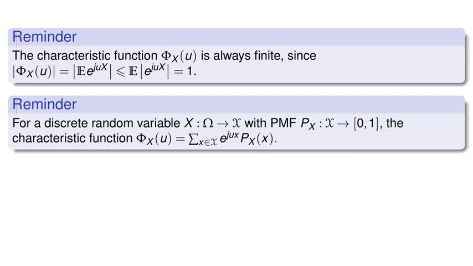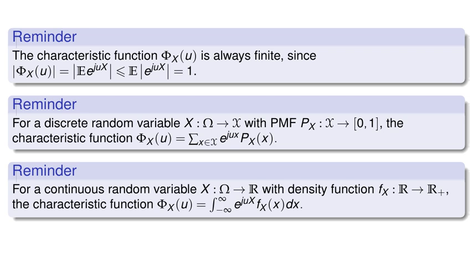Just to recap how this applies in different scenarios. For a discrete random variable x taking values in a set script X with a probability mass function p sub x, the characteristic function phi sub x of u is calculated as the sum over all x in script X of e to the power jux times the probability p sub x of x.